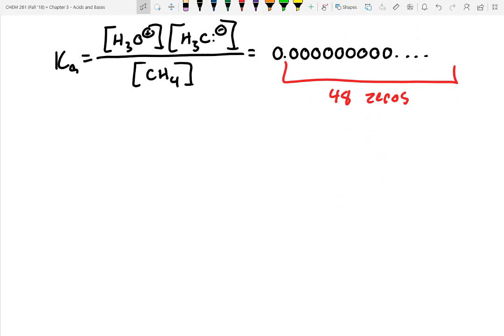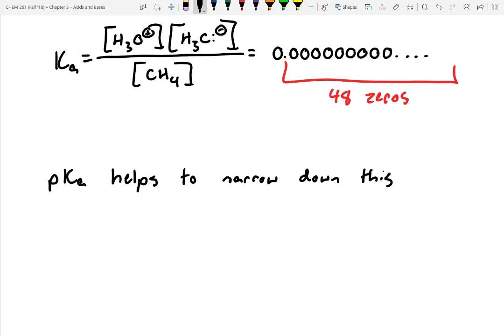And instead of writing them out as these giant, big, or small numbers, we use a system of P units, or pKa. So pKa helps to narrow down this large range of Ka values.